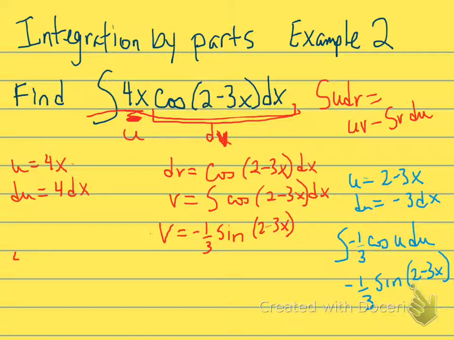U, which is 4x, times v, which is negative 1/3 sine of 2 minus 3x, minus the integration of v, which is negative 1/3 sine of 2 minus 3x, times du, which is 4 dx.